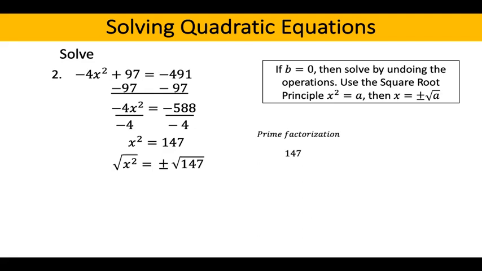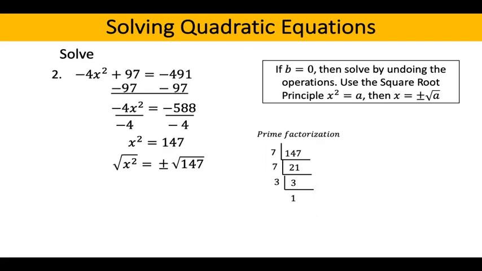Divide by prime numbers until you get to 1. 147 is divisible by 7. 7 goes into 147 21 times. We can divide by another 7. It goes into 21 3 times. 3 is prime, and so when we divide by itself, we get the 1.